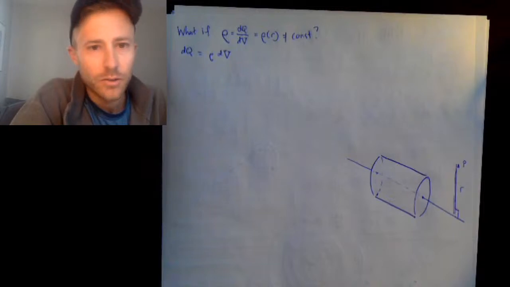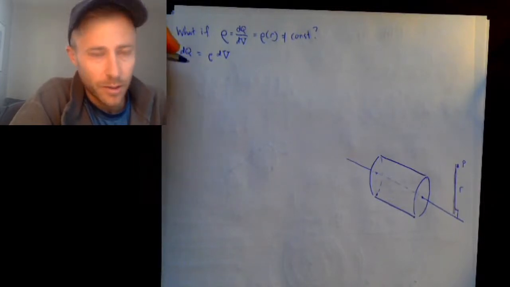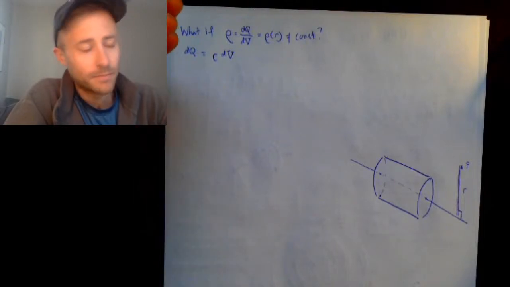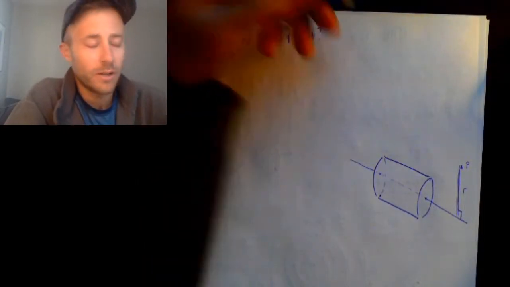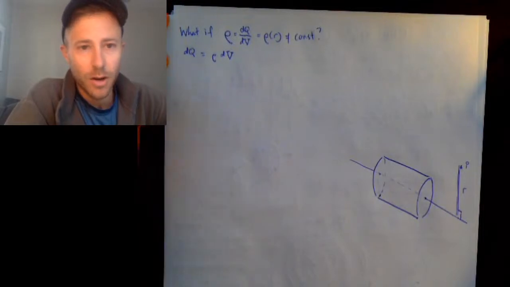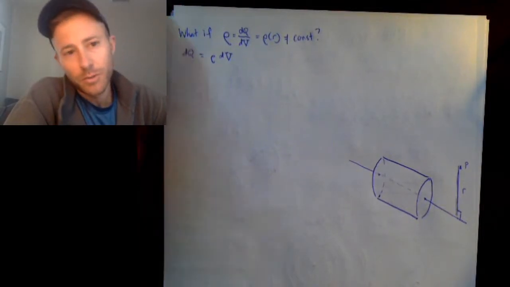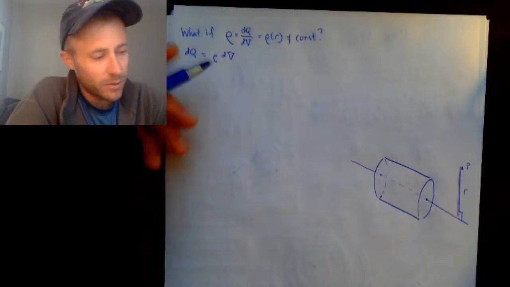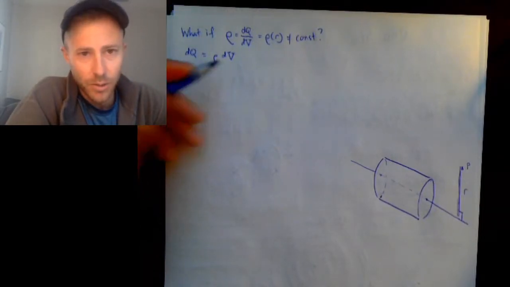Now the question is, what does dV mean? If you had spherical symmetry, then dV was 4 pi r squared dr. But because we don't have spherical symmetry, we have cylindrical symmetry, we have a different meaning for what dV is.